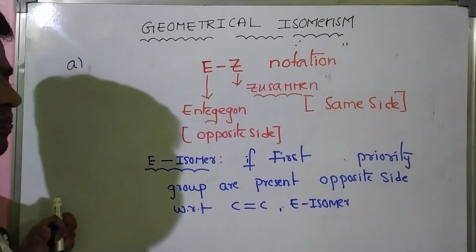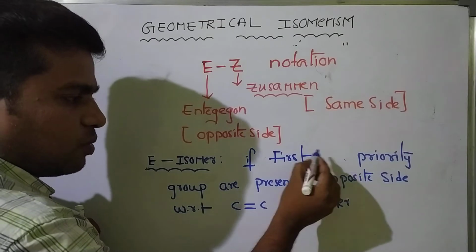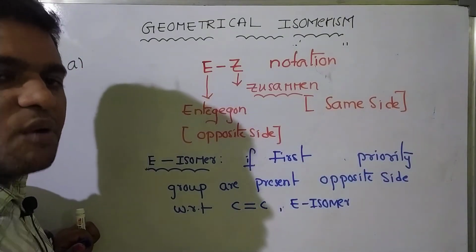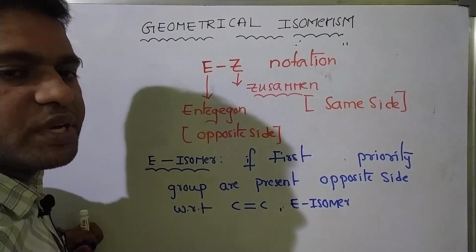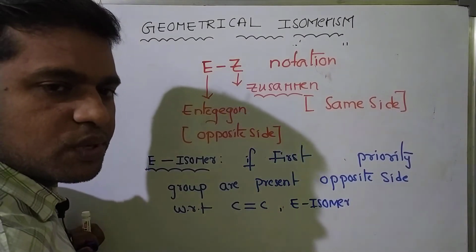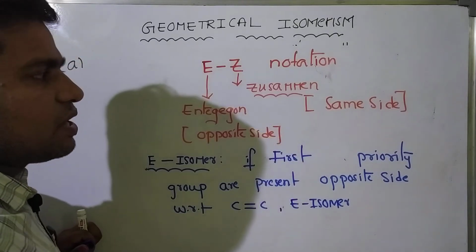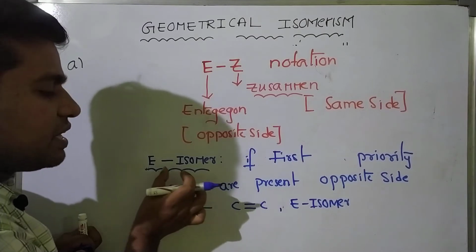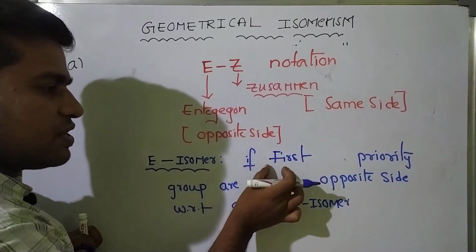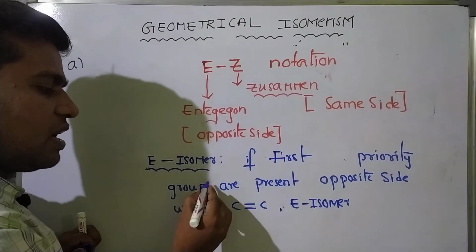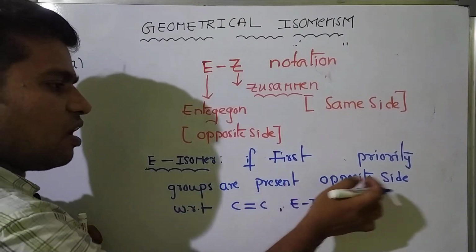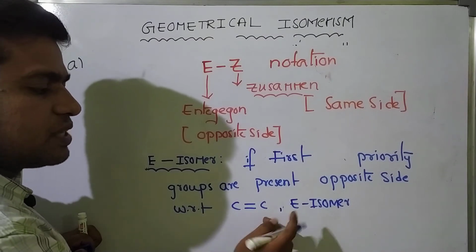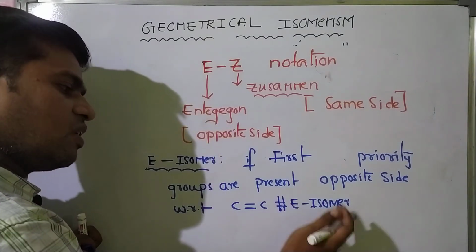Very, very important: first priority groups. So what is called priority? We will discuss how to find priority, how to give priority to the different groups or atoms. First of all, write the statement: E isomer means if first priority groups or atoms are present on the opposite side with respect to the carbon-carbon double bond, that is called E isomer.